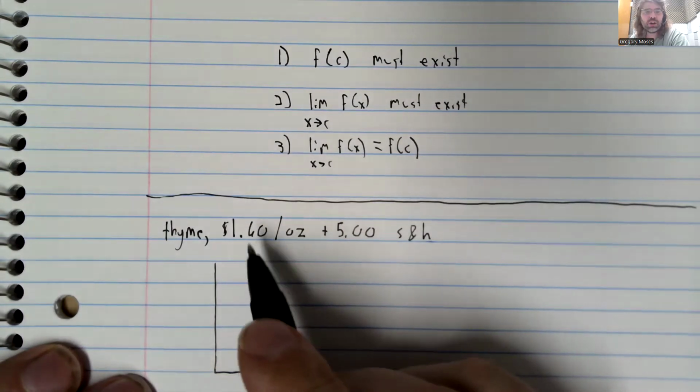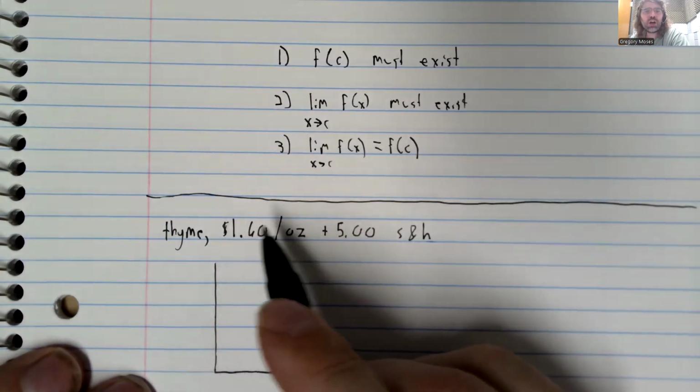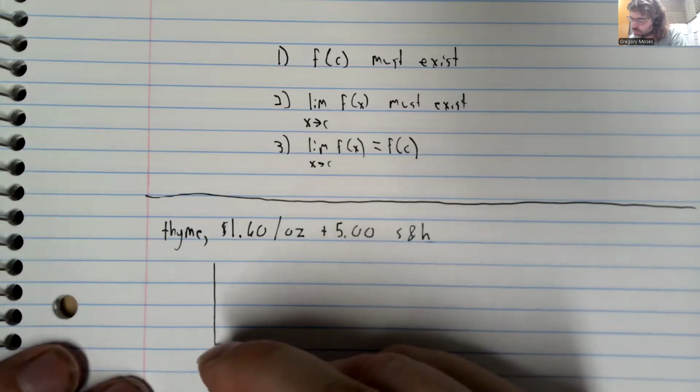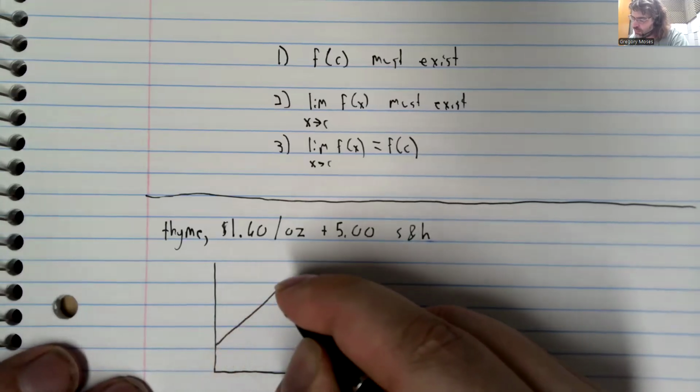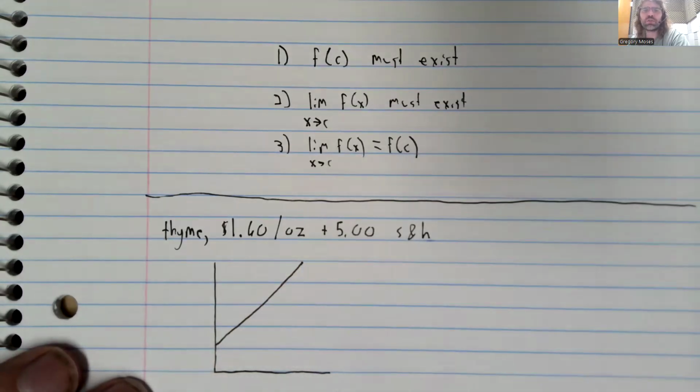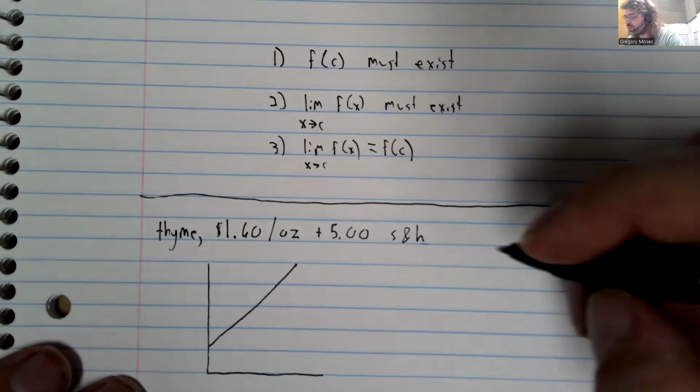This is linear, because this is a constant rate, dollars per ounce. It looks like this, and it's continuous. There aren't any jumps.